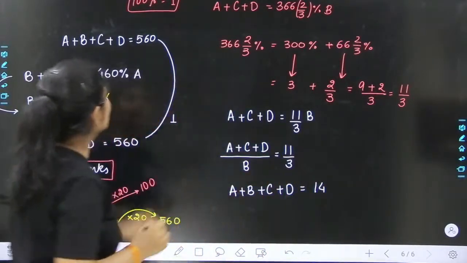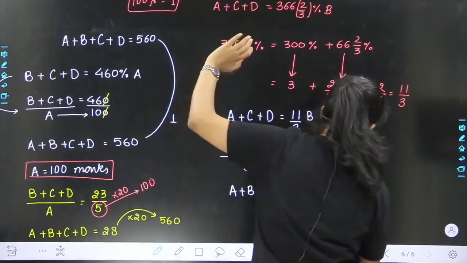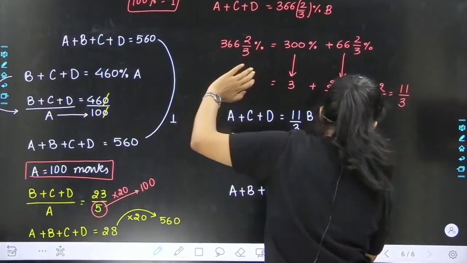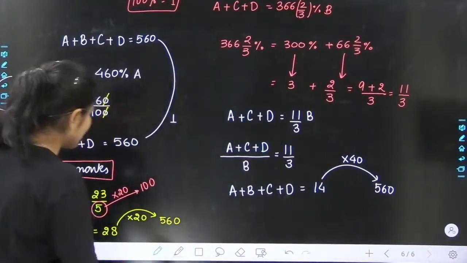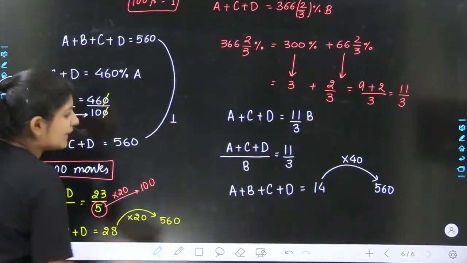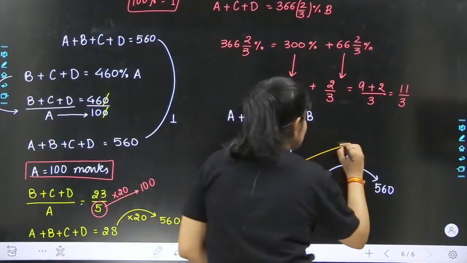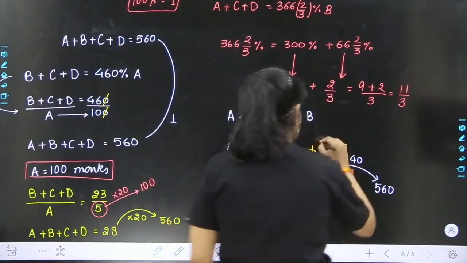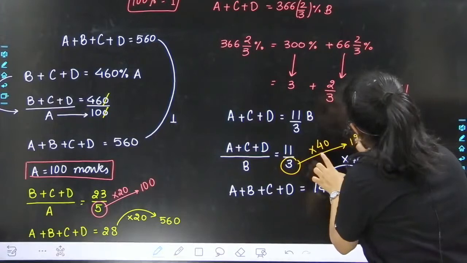But we know they scored 560 marks. That means it is a multiple of 40. Now we have to multiply this 3 by 40 just to calculate the marks scored by B. So when we multiply 3 by 40, I'll get 120 marks.